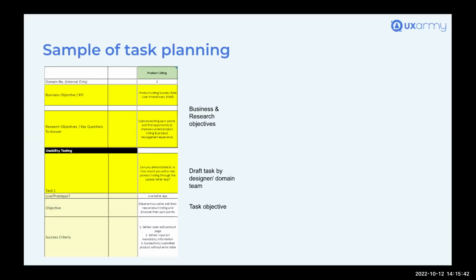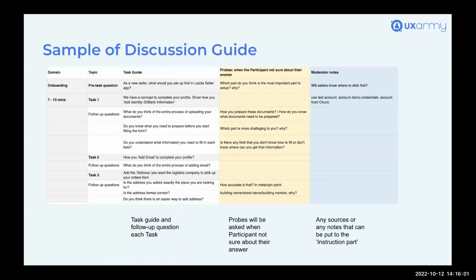Here is an example of task planning. Maybe your team, your product designer, your UX researcher, and also the PM might have business and research objectives to share with the researcher to draft the task, and then also share the task objective.